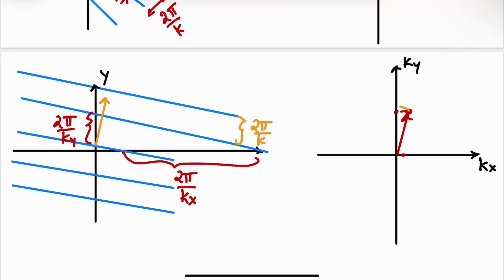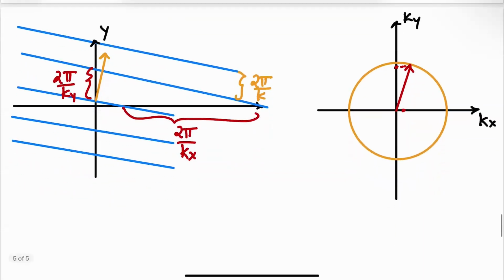For different values, these points would lie on the circle, and each point on this circle corresponds to a plane wave in a given direction.